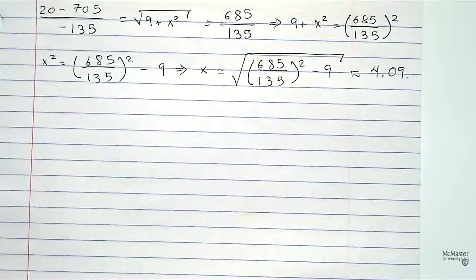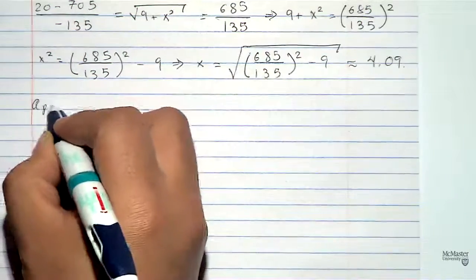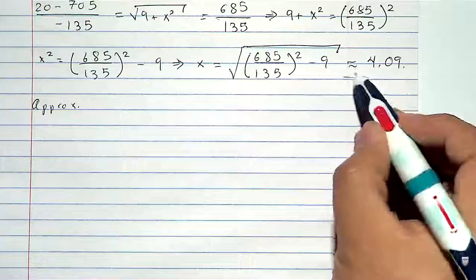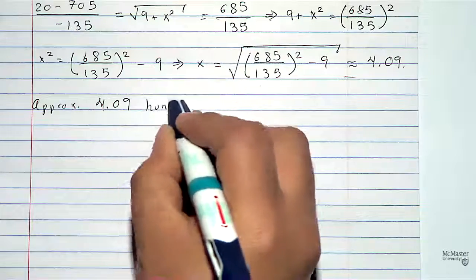And now the final part of the problem is that if you remember, this problem is choosing x in hundreds of units. So this is an approximate calculation, 4.0900 units.